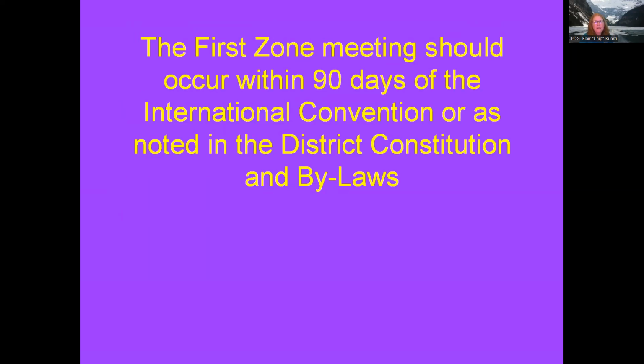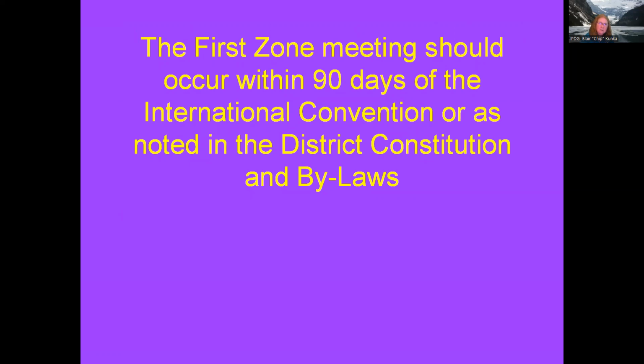The first zone meeting should occur within 90 days of the International Convention or as noted in the district constitution and bylaws. Well, in Florida, many of our clubs don't meet during the summertime.